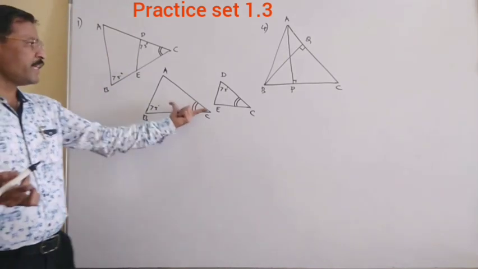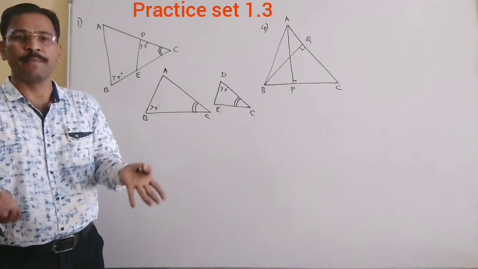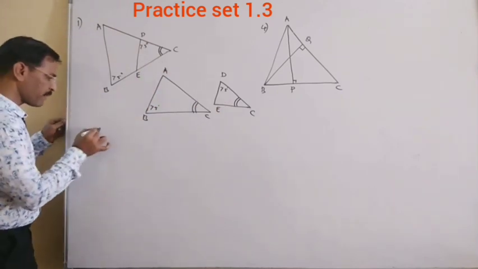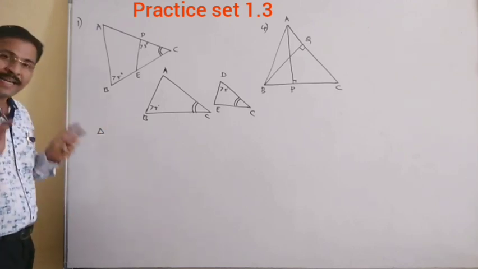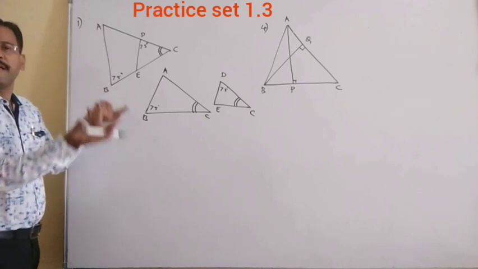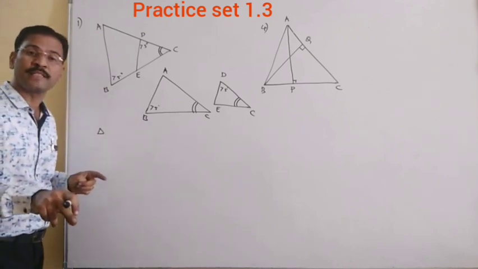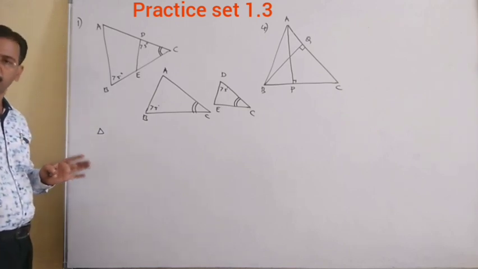Now see here, in these two triangles, 75 and 75, these two angles are congruent, so they are similar. By which test? AA test. Let's see here. But before that, when we are going to prove the two triangles are similar, first write the name of the triangle in any way. But when you write that the two triangles are similar, you should write the names in one-to-one correspondence.